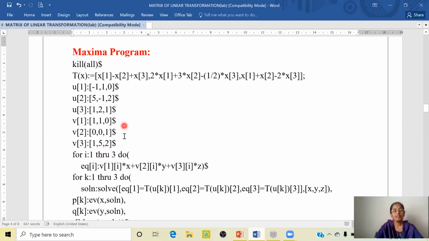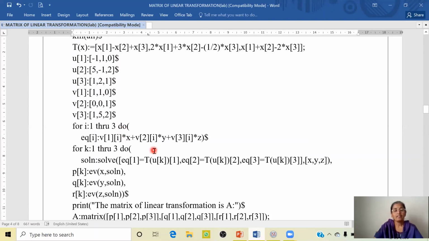After putting in the basis elements, we now need to get the equations to be solved for the linear combination. So let us take I running from 1 to 3, where 3 represents the dimension of the codomain. And here we are going to calculate the right hand side part.